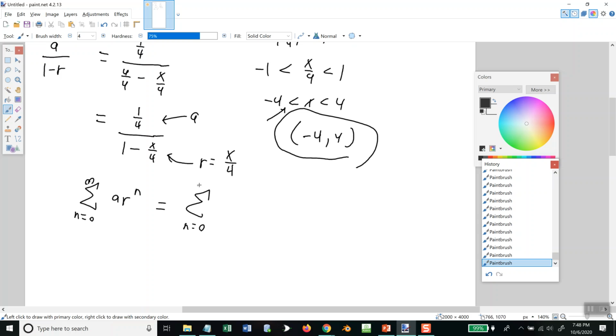So n equals 0 to infinity, a is 1/4, r is x over 4, to the n power.